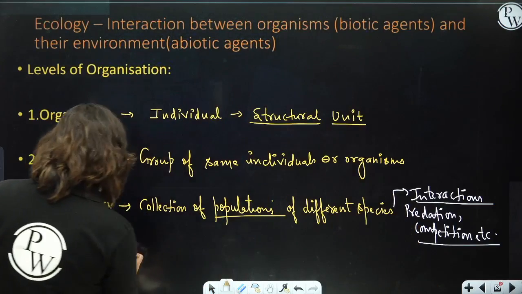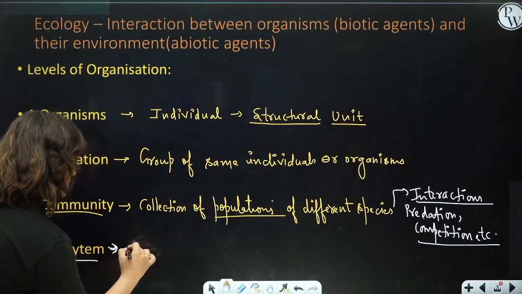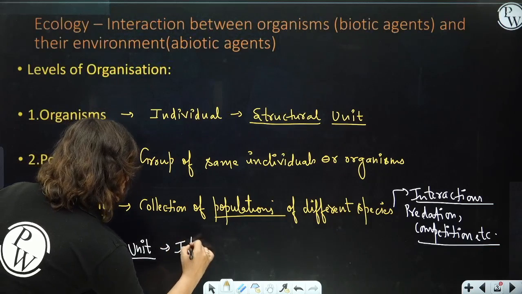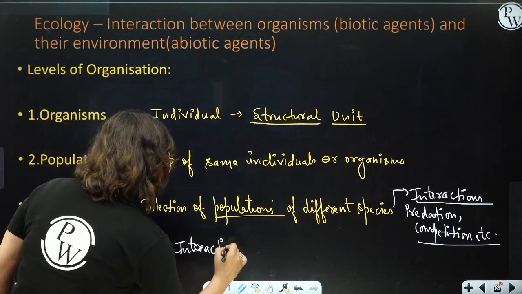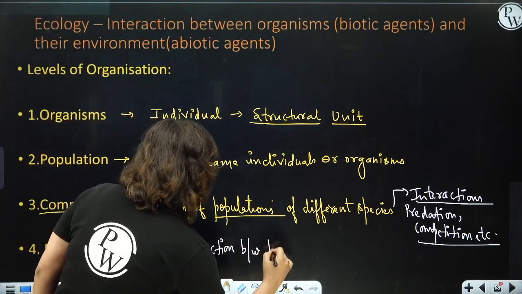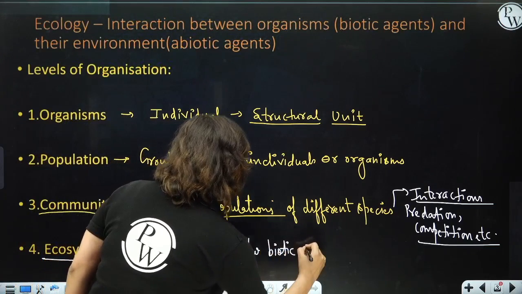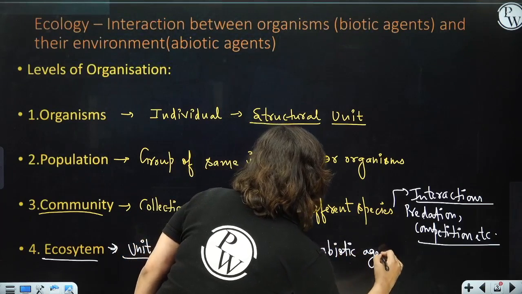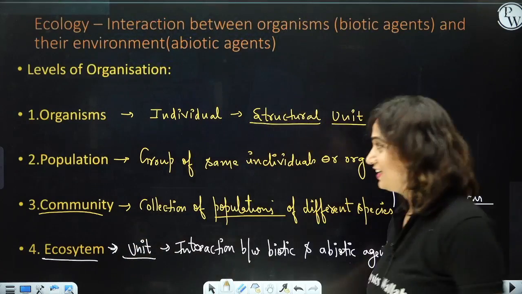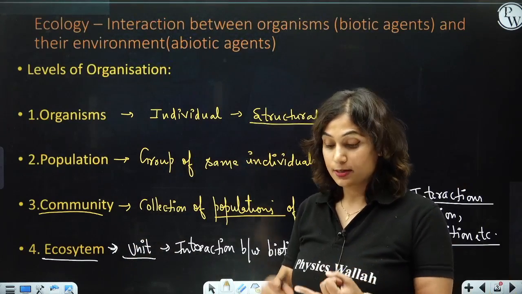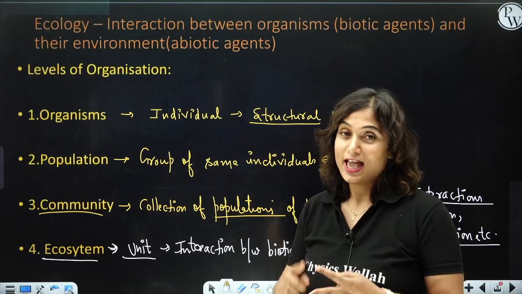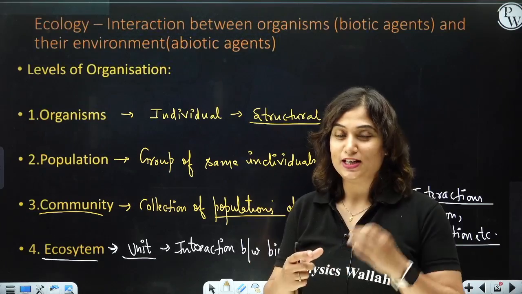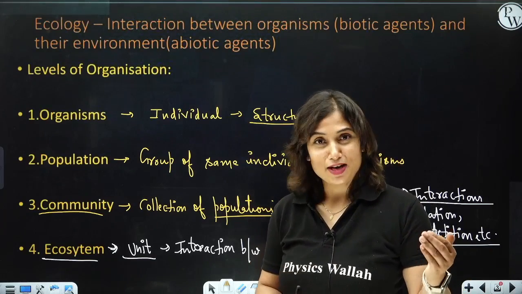So the ecosystem is a unit which represents the interaction between the biotic and abiotic agents. First organism, then population, then community, and different communities form an ecosystem where they interact with their external environment.